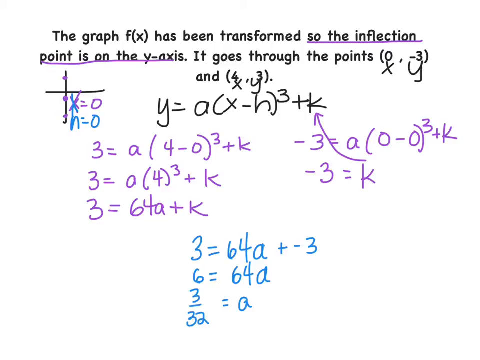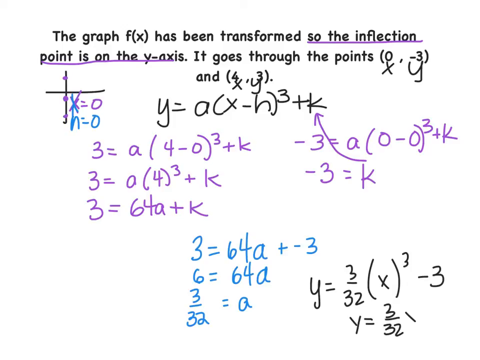So now my final answer is going to be y equals a times (x minus my h, which is 0) cubed plus k. And I really don't need the parentheses on that, so I'm going to do y equals 3 over 32 x cubed minus 3. That's a terrible 3.